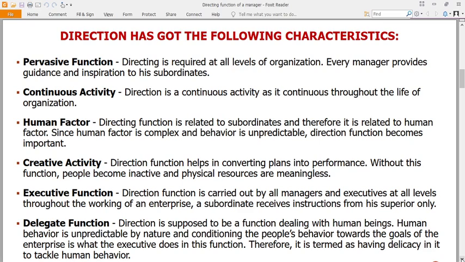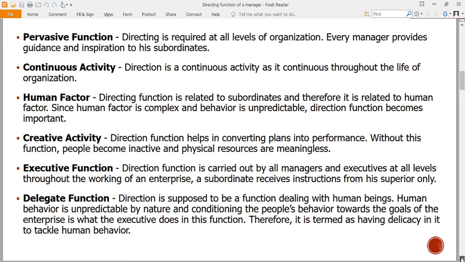It is a human factor, since we are dealing with people, and therefore people should be handled with care, because people have complex and unpredictable behaviors. So the direction role is really key. And it should be a creative activity. As you're directing, you come up with convincing ways of making sure people become active.